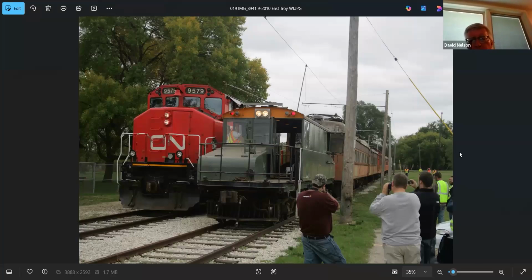And then the Electric Railroad's steeple cab hooked up, and you had a rare chance to get some glimpse of just how tiny that steeple cab is. It does not look small when you're actually looking at it, but when you see it next to a pretty normal Canadian National locomotive, it's dwarfed by the modern diesel.